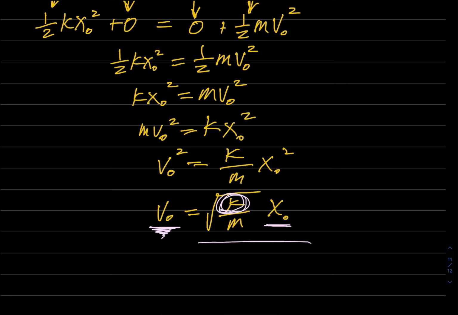Well, sure, a stronger spring is harder to compress that distance and will turn into more kinetic energy. And if the mass is large, mass is in the denominator, the final velocity will be smaller because the expansion of the spring pushing on a larger mass will cause less acceleration and less final velocity. Okay, makes sense.